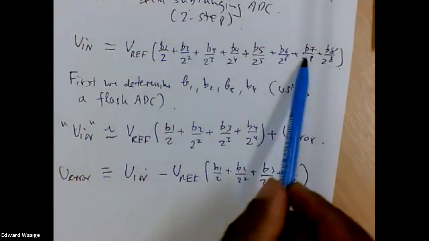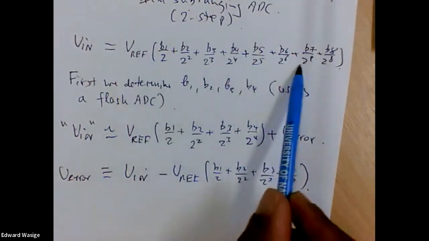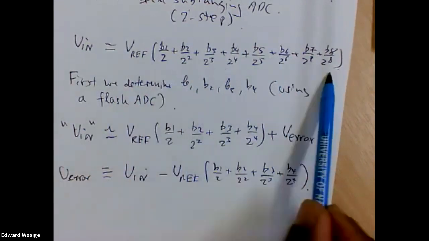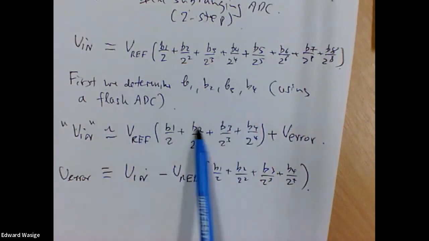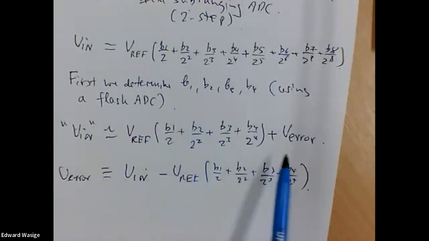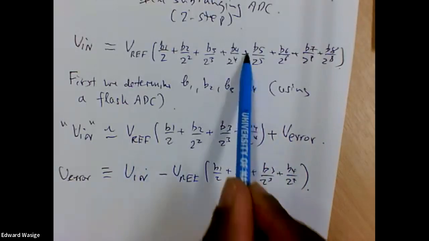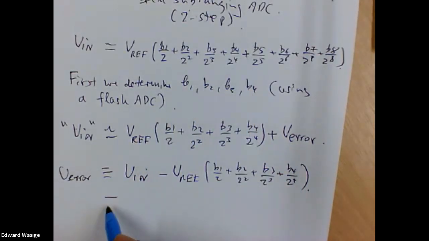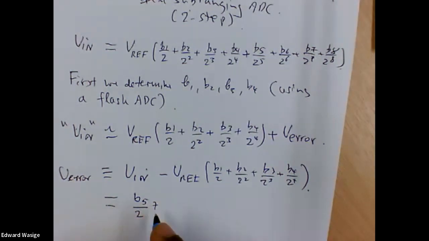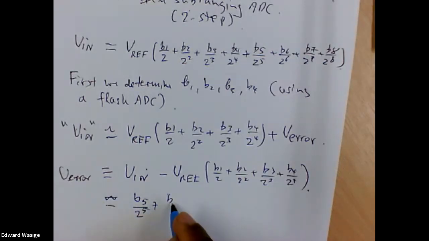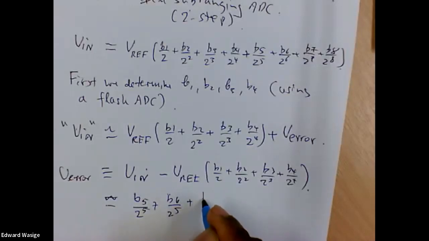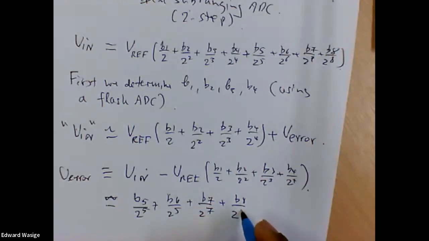But since we are looking to represent Vin by 8 bits, the input voltage ideally is represented by that full expression, but we're only determining the first 4 bits initially. So if we put this expression in here, our error voltage is B5 over 2 to the power 5 plus B6 over 2 to the power 6 plus B7 over 2 to the power 7 plus B8 over 2 to the power 8.